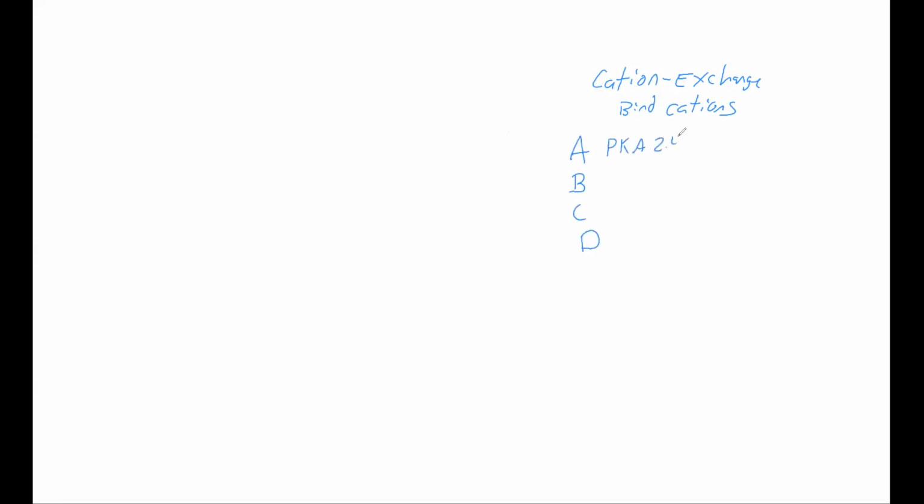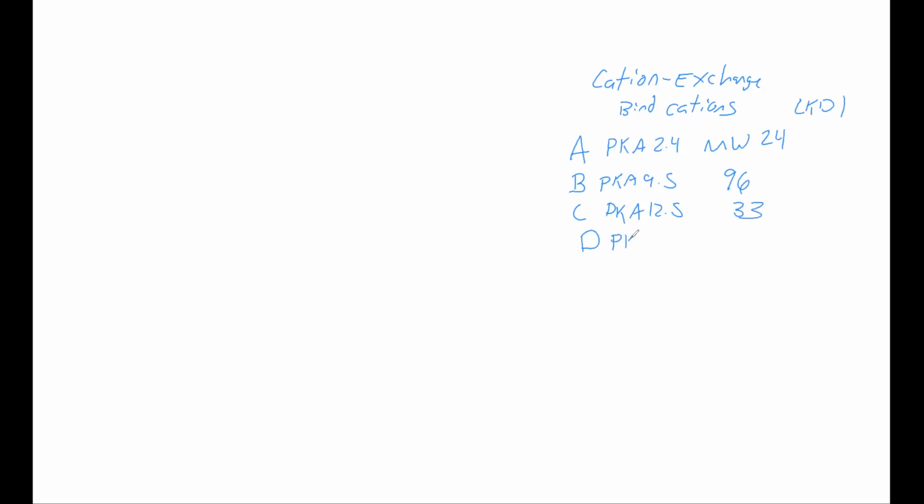A has a pKa of 2.4, molecular weight of 24. All the weights are in kilodaltons. B, pKa of 9.5, weight of 96. C, pKa 12.5, weight of 33.